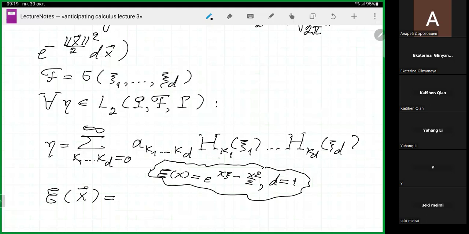Since in the orthogonal expansion we have products of Hermite polynomials in every coordinate xi1 up to xid, I will try to organize the stochastic exponent in the multi-dimensional case also as a product of corresponding stochastic exponents. So let me try to do this.